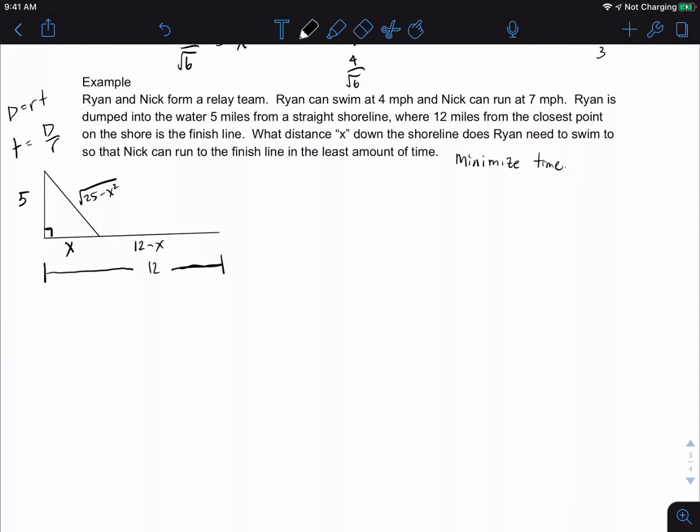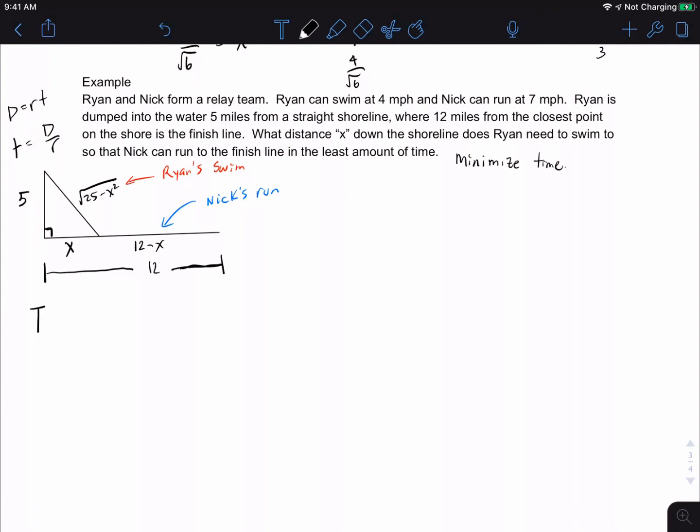Okay, so just to be consistent, this is Ryan's swim. This is Nick's run, right? That's their distances that they're going to cover. Now the problem that we need to do is going to be a time problem.